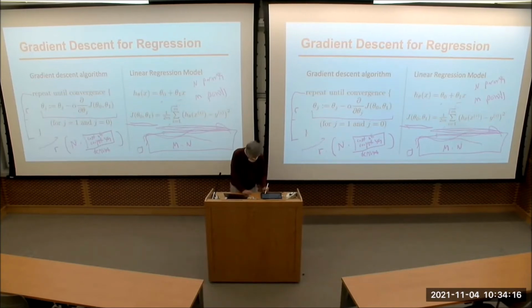For each one of these m terms, I'm going to have to compute my regression model. I'm going to have to evaluate my regression model on the input vector of that term. In this case, there were 2 parameters. My claim is that it will cost something like m times n to evaluate the derivative at any point.